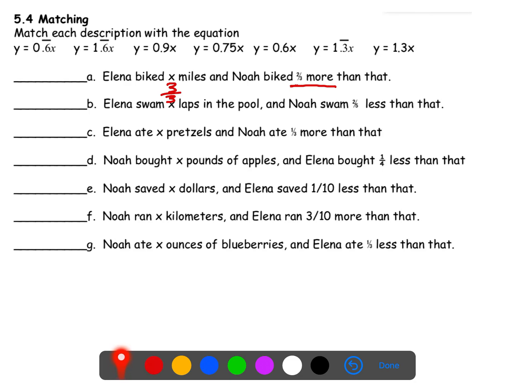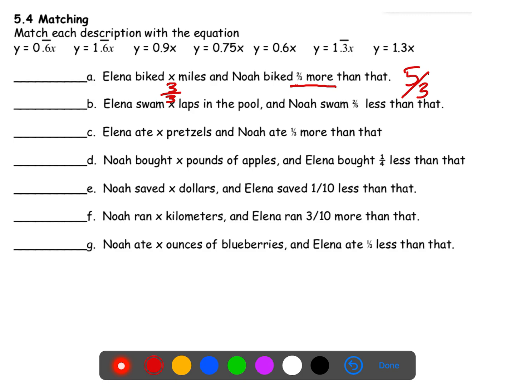That's what Elena biked. Noah, because we want to have that same denominator of thirds, biked 2/3 more. So we're going to add 2/3 to that, add to 1. This is our 1 that the hint was talking about. So we'll add 2/3 to 3/3, and that equals 5/3. So in total, Noah biked 5/3 of what Elena did.